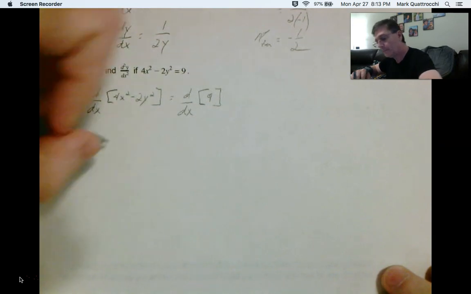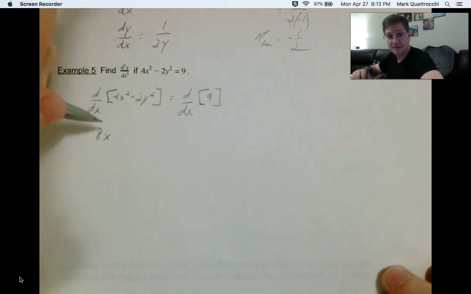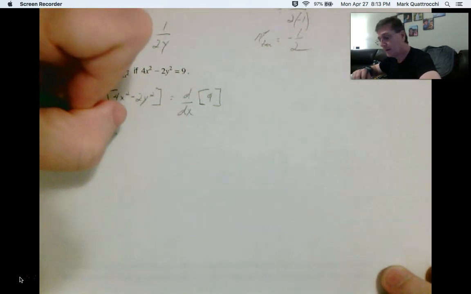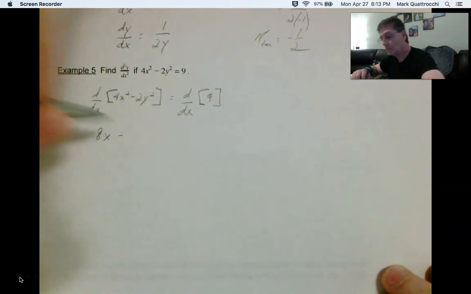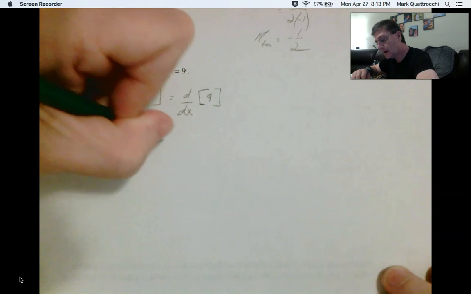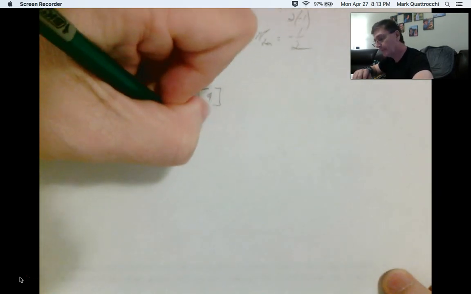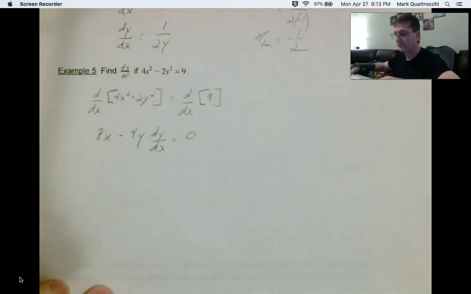Power rule, 8x times dx/dx, which is just 1, minus power chain rule, 4y dy/dx equals 0.